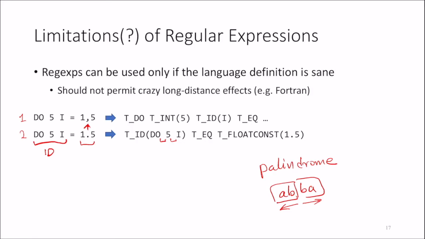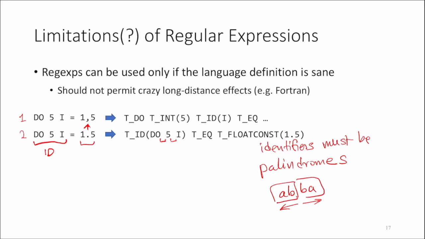Now you could construct a programming language that says your identifiers must be palindromes. You could say that, but I don't think that's a reasonable thing to say when you specify a programming language. But if you do, then we know that you cannot write a regular expression for a palindrome, because a palindrome is not a regular language.